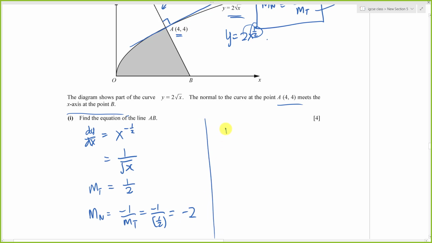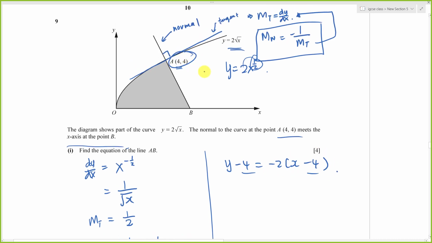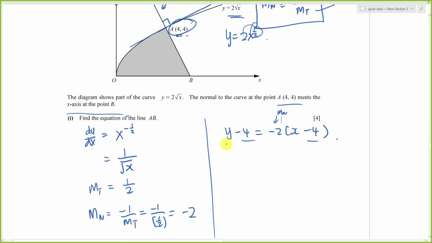Then I can form the equation y minus y1 equals m times x minus x1. You ask me how I get 4 and 4 here: it is given, because the normal passes through point A, so x1 is 4, y1 is 4. And m is just the gradient of normal, so I plug it in.